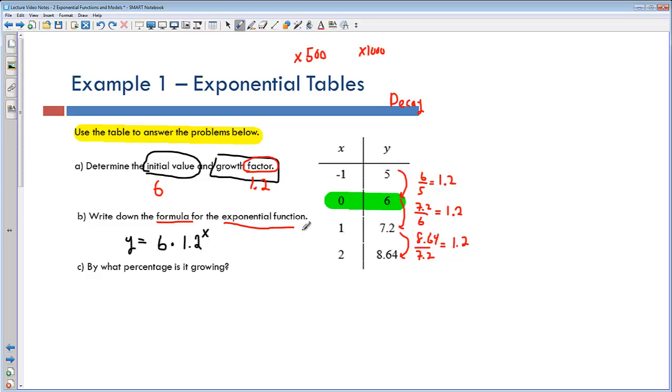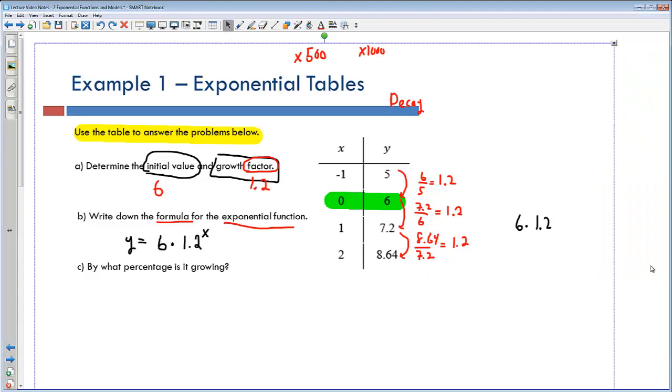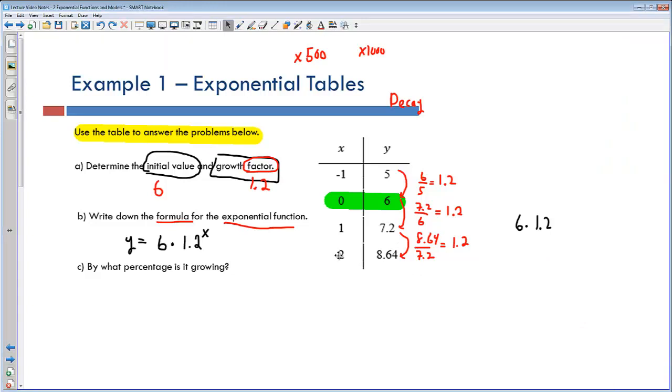You could plug in 1, and you'd have 6 times 1.2, and you can check on your calculator that yes, that is 7.2. You could even do 2 to make sure it's correct by plugging in 2, and that would be 6 times 1.2 squared. You can check that on your calculator, and you'll see that it's actually 8.64.